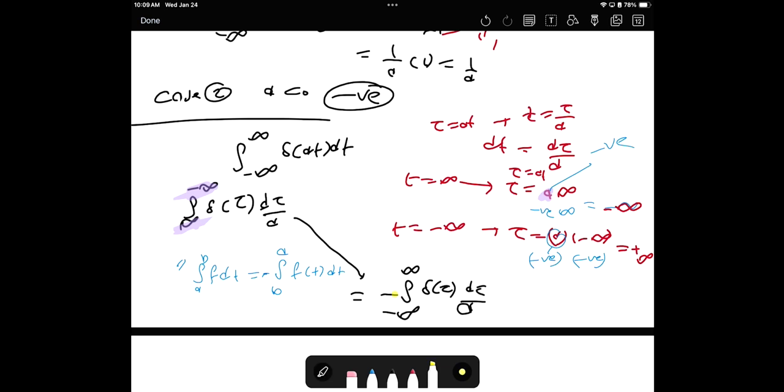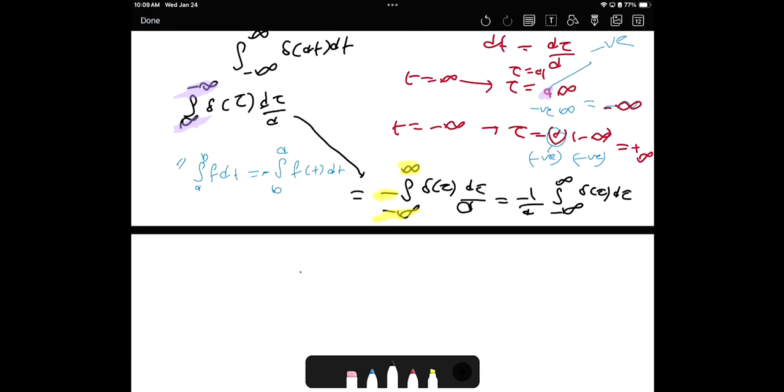The modification that I did in the integral was changing the limits from infinity to negative infinity to make the opposite. So moving a to the other side, it will be negative 1 over a, then the integral from negative infinity to infinity of delta of tau d tau, and this is equal to 1. So as a result, it will be negative 1 over a times 1, which is negative 1 over a.